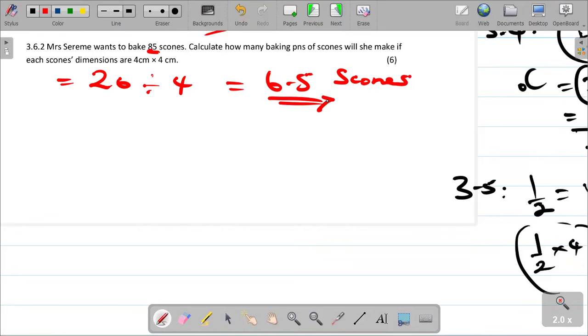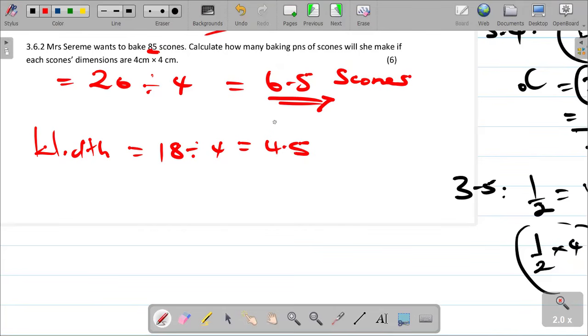And then the width is equal to 18 divided by 4 again, which gives us 4.5 also.